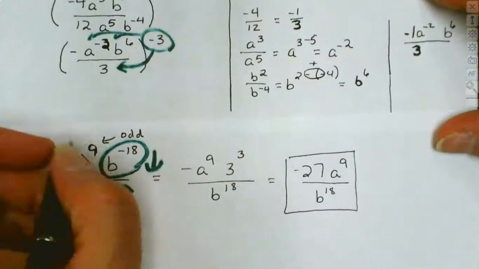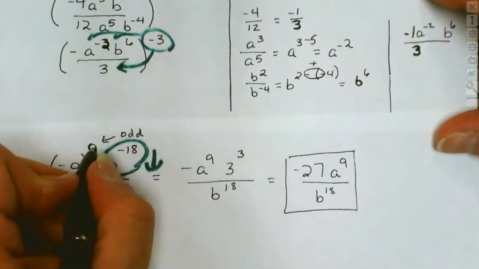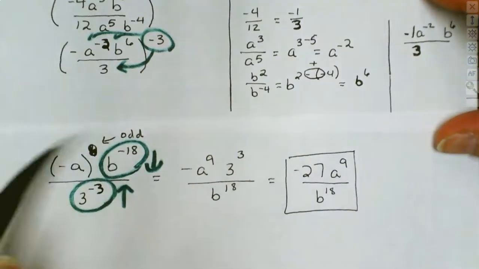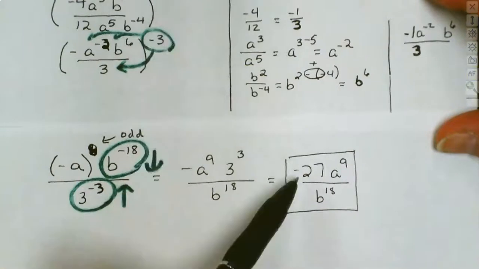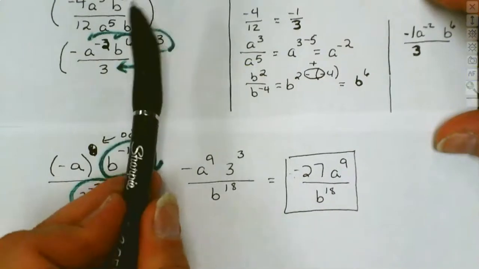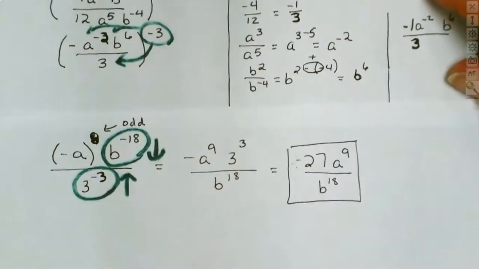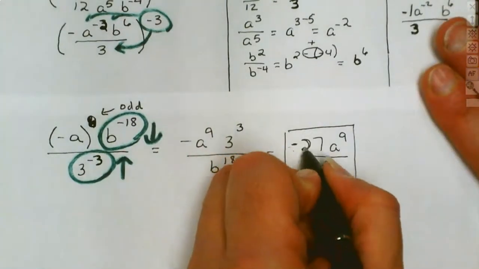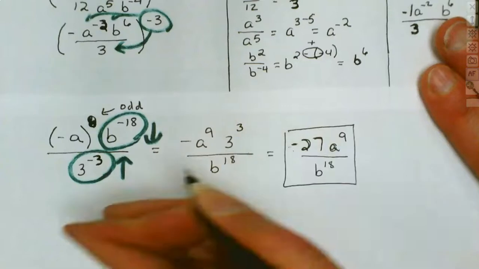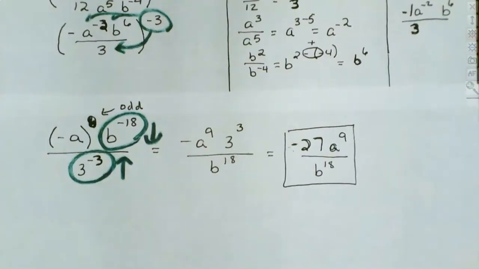And that would make that 6 there, and whenever you cube a negative, it still makes it negative, because that 3 out front tells you that when you cube a negative, it stays negative. You look at the exponent outside. So that gives you negative 27, a to the 9th over b to the 18th power.